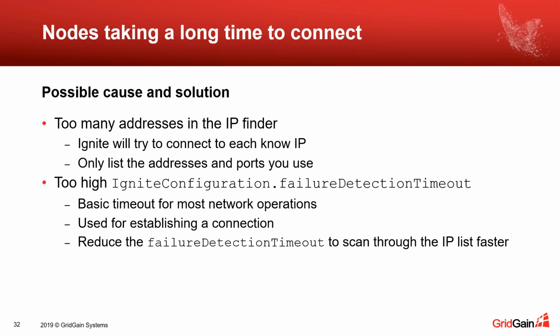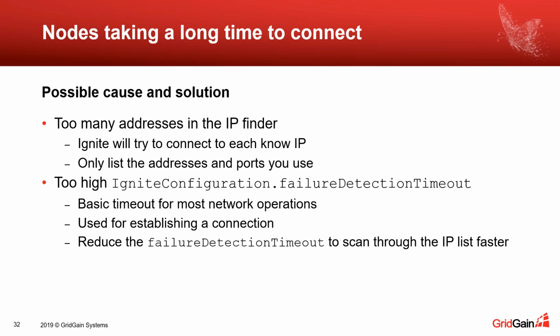A common cause for this is having too many addresses in the IP finder. So it's again all about IP finder configuration. How discovery in Ignite clusters works is that the IP finder provides a list of addresses, and then the starting Ignite node will iterate over each of them and try to connect to each of them sequentially.